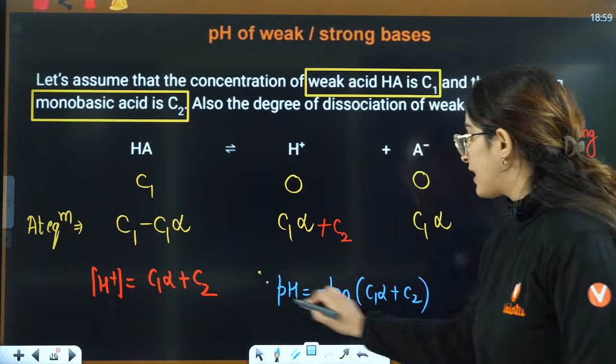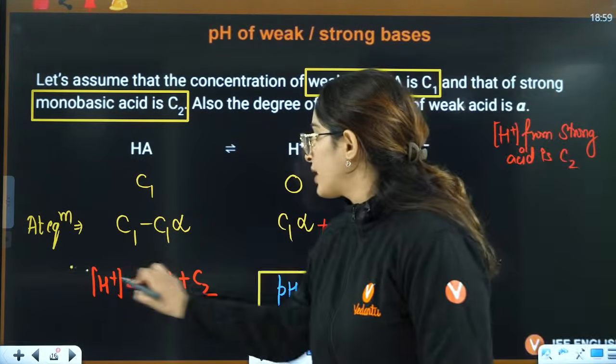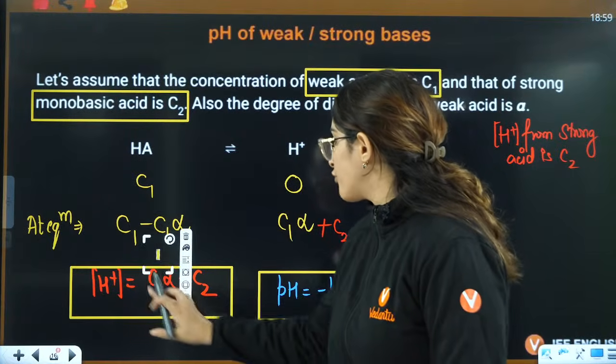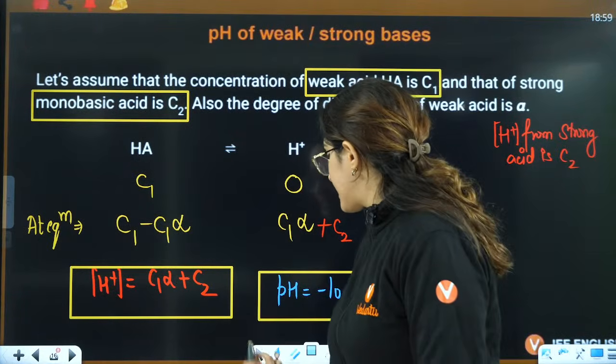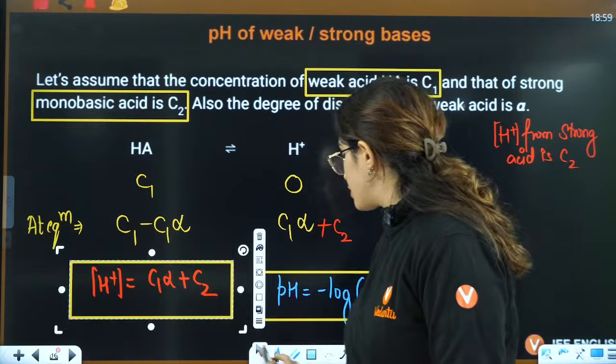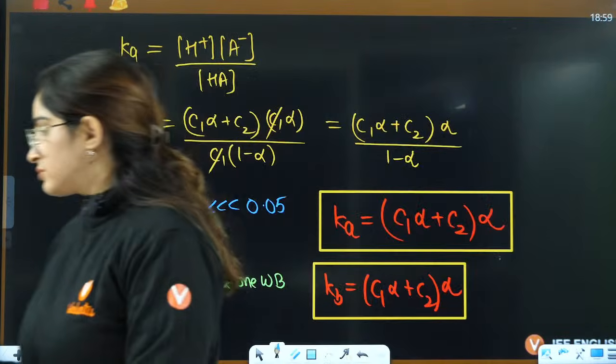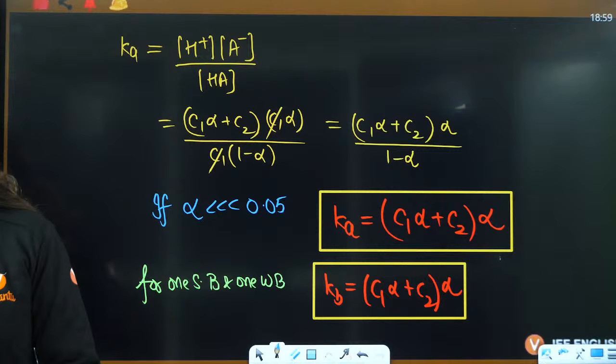That is how you calculate the pH here. Right, everybody? Understood? You don't have to cram that much.